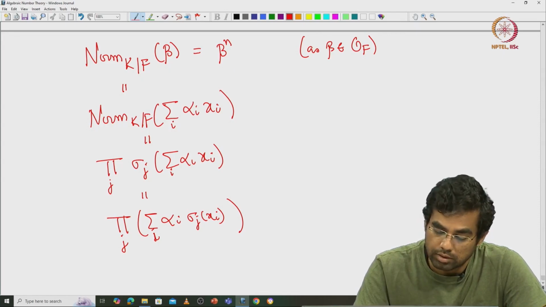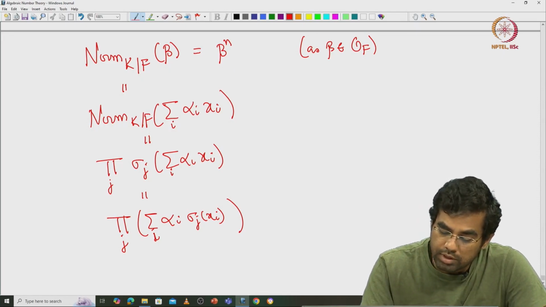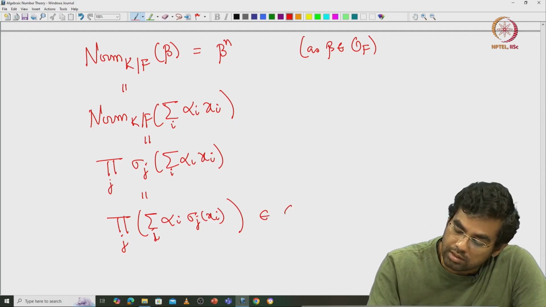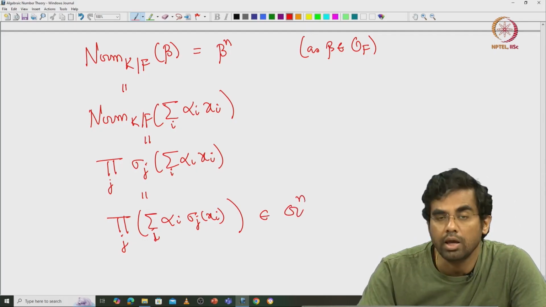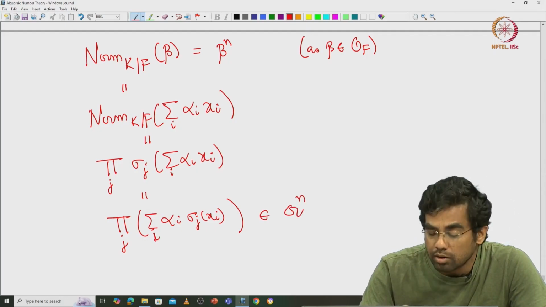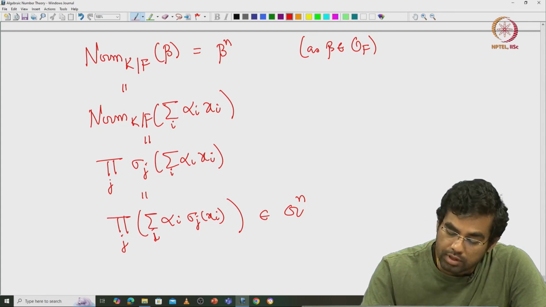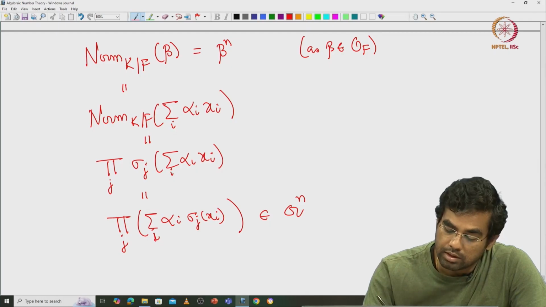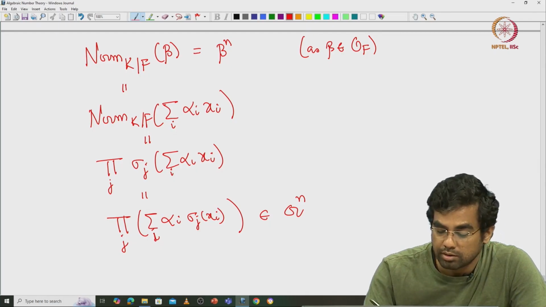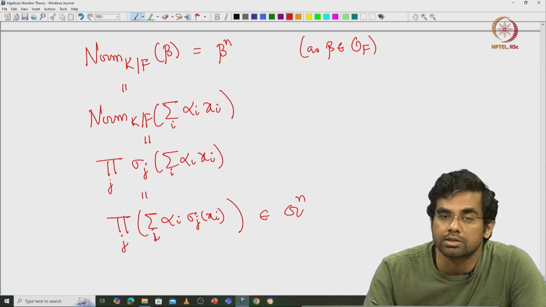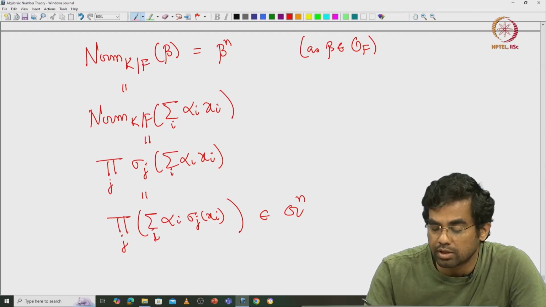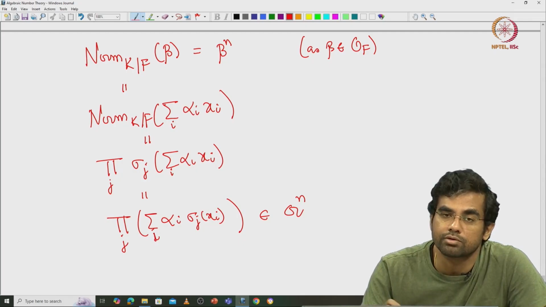And so, you see that this is contained in A to the power n on account of the fact that you can write this as symmetric, right. You can write this as a polynomial in alpha i with coefficients that are given by symmetric functions of xi.